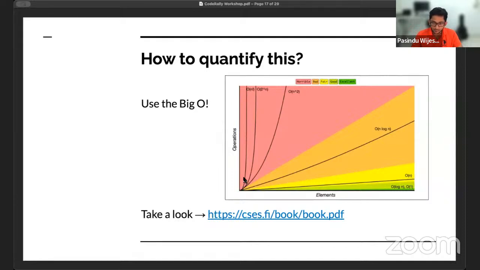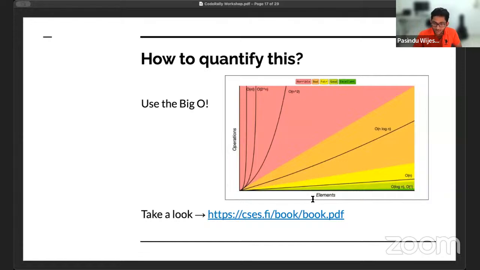So as we move in this direction, whatever the value you have for n, the number of elements, as it increases, the number of operations, or in this case the size of storage that you're going to use in your application, is going to increase. An order 1 algorithm is constant time or constant space.